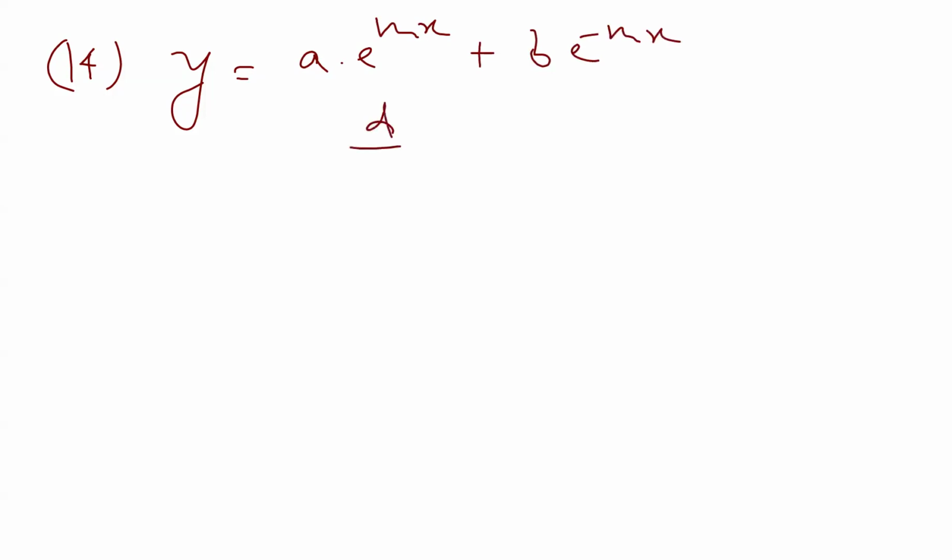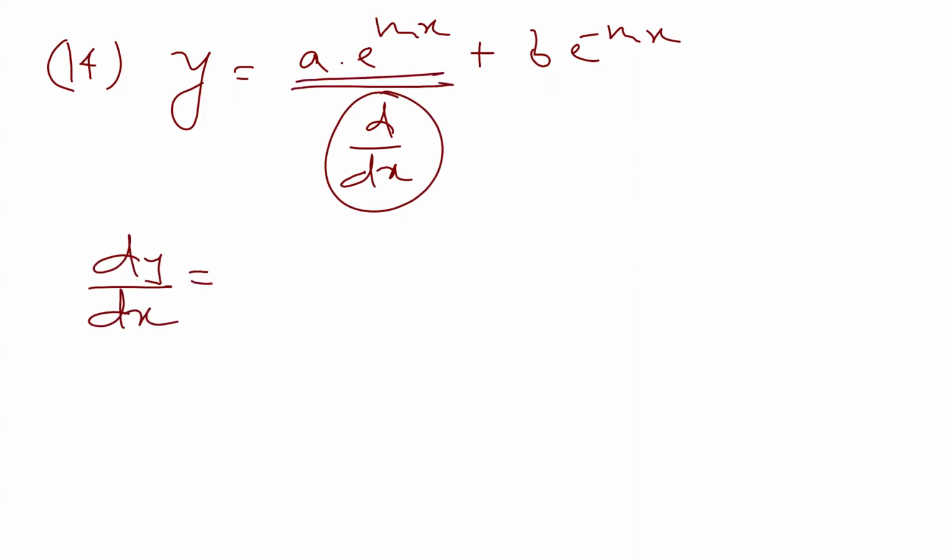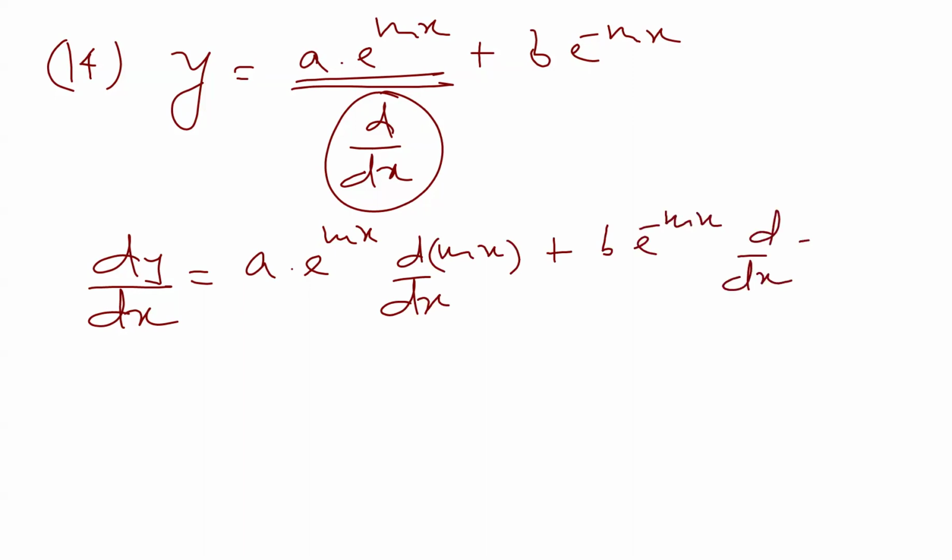So derivative first. Derivative of y is dy by dx. Derivative of a e raised to mx: a is a constant, so a into e raised to mx into d by dx of mx, plus b into e raised to minus mx into d by dx of minus mx. m is also a constant.